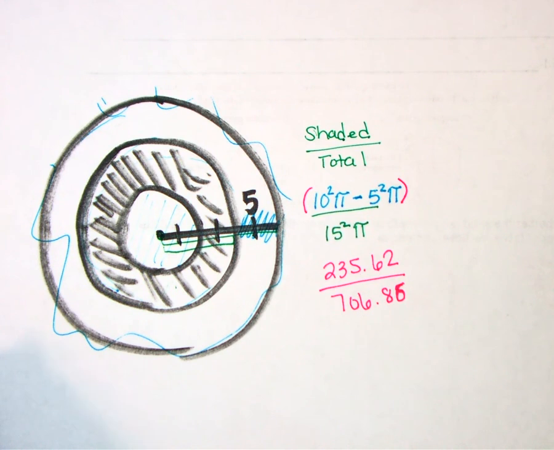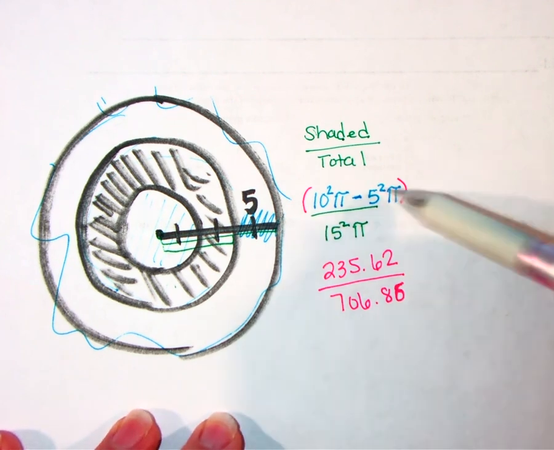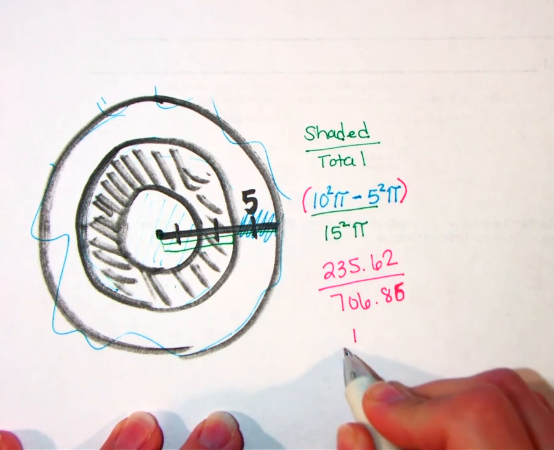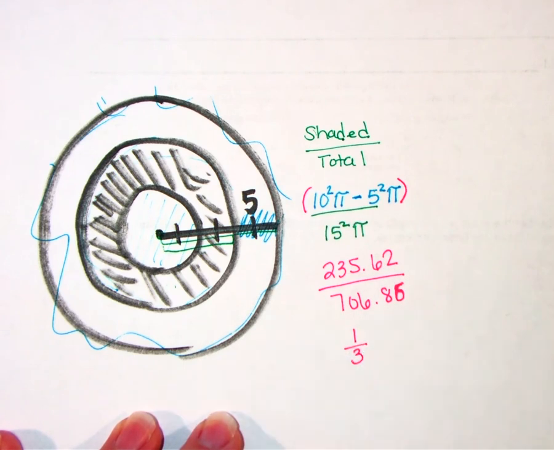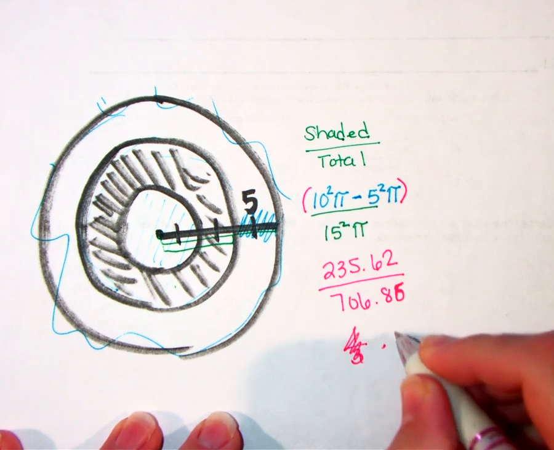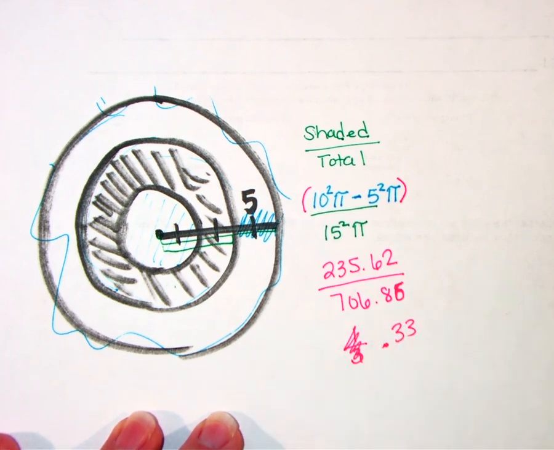And then you divide those two. Okay, now if you typed all of this in, you actually get 1/3 or 0.333, which I'm going to leave as a decimal, so 0.33, but that's 1/3.